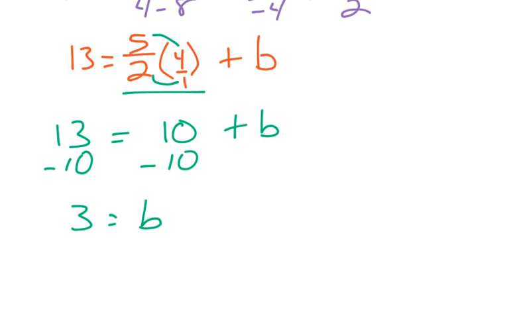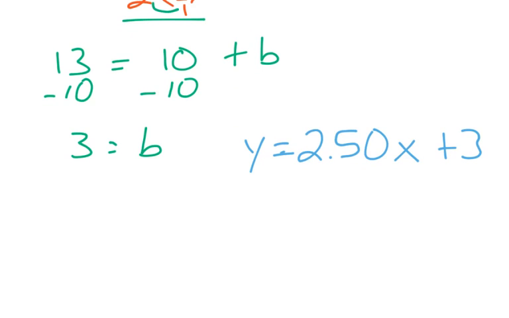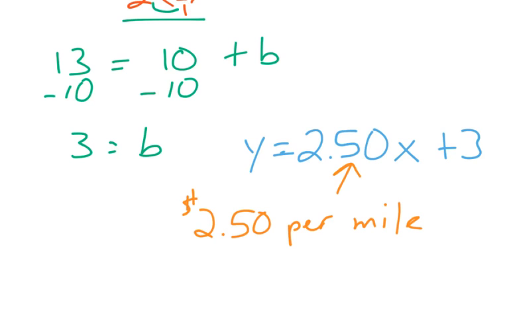So we can write our final answer, y equals, or we could make it c equals for cost, equals 5 halves. Since we're thinking about money here, we don't necessarily need to use a fraction. 5 over 2, if you want to write that as a decimal, would be 2.5 or $2.50 x, and then plus 3. So for some context, the $2.50 per mile is what the 2.50x means.